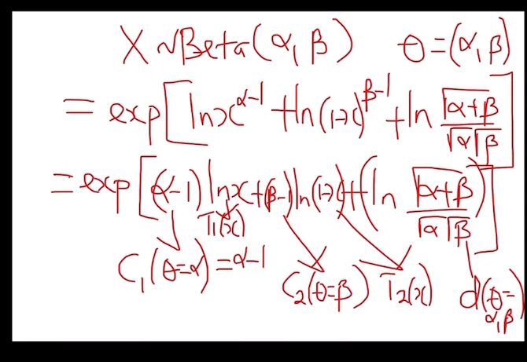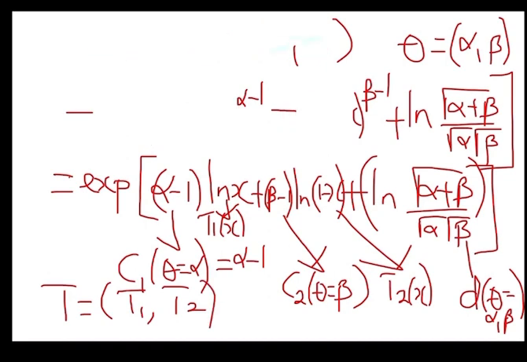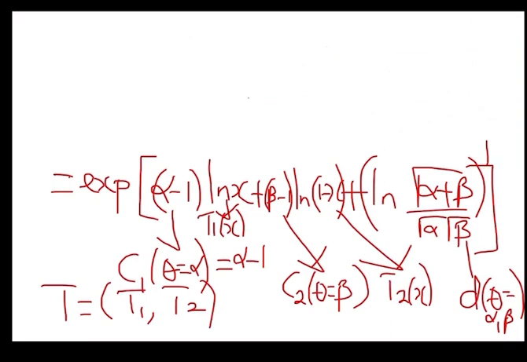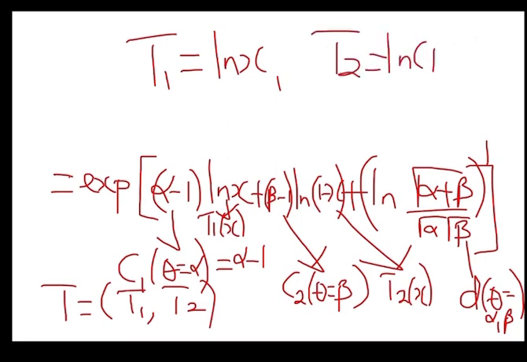We are then also expected to have a joint sufficient statistic, so the sufficient statistic will be two-dimensional. I'm going to say T1, T2. What is my T1 and what is my T2? My T1 is ln of x, and my T2 is ln of 1 minus x.